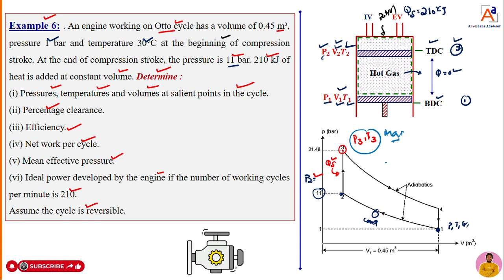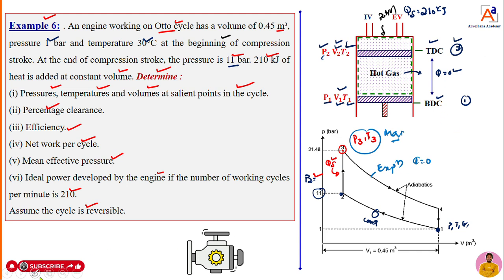These are the maximum conditions, maximum pressure and maximum temperature. Then, because of the sudden explosive force created by the hot gases, the piston will start to move from 3 to 4. We can call it expansion. In the expansion there is no heat transfer at all, so we call it adiabatic expansion. Then it goes from TDC to BDC.